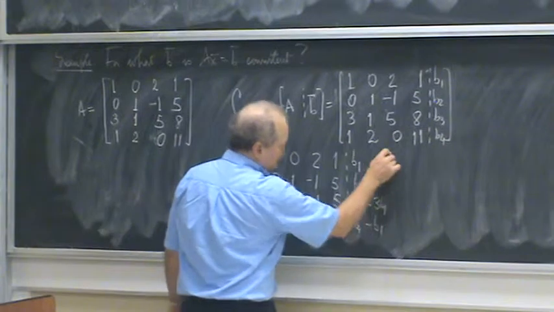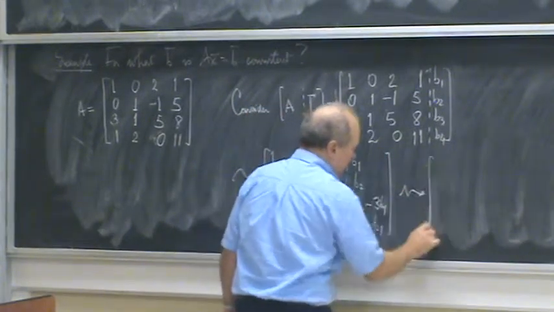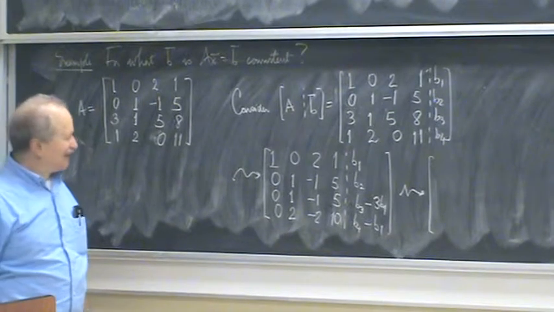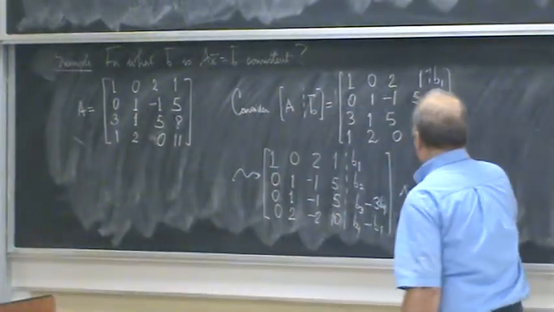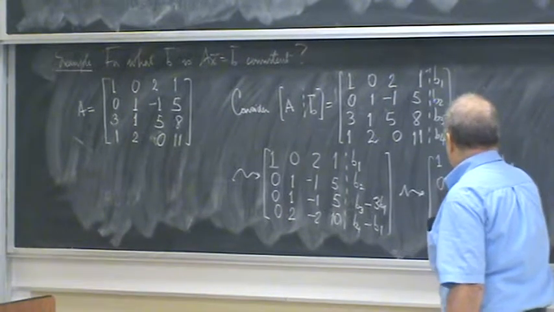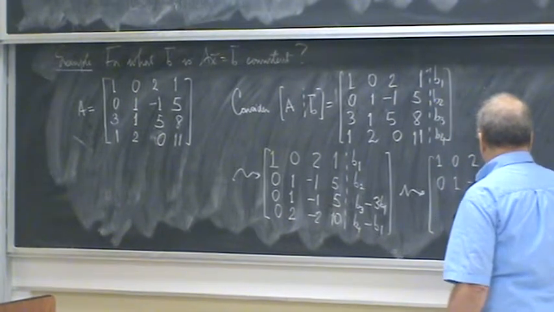All right, we ain't done yet, folks. What happens now? Lots of zeros. You have junk, which really doesn't matter. And then what happens?